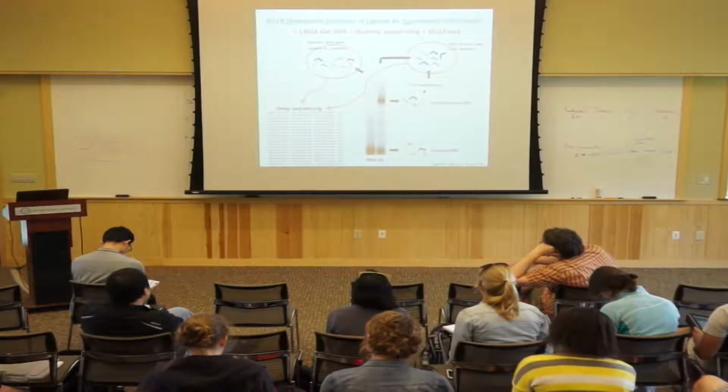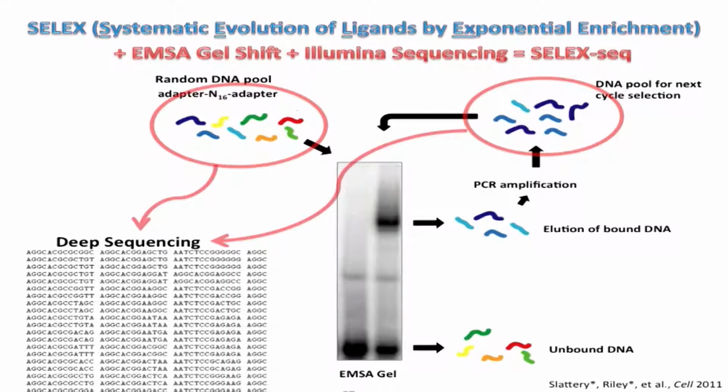Because of that, we only performed at most 5 rounds of SELEX, and after each round we would perform deep sequencing. So we have deep sequencing results after each round of SELEX, and we also perform deep sequencing of the initial pool. I'm going to talk more about that later.